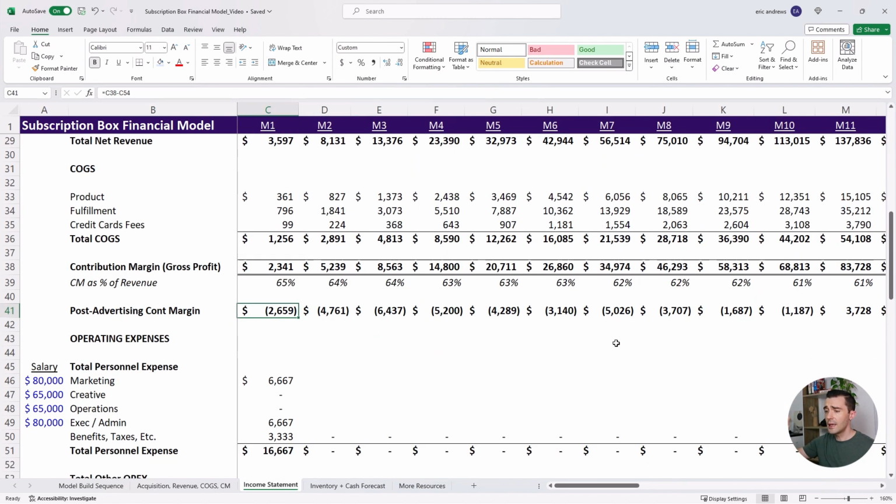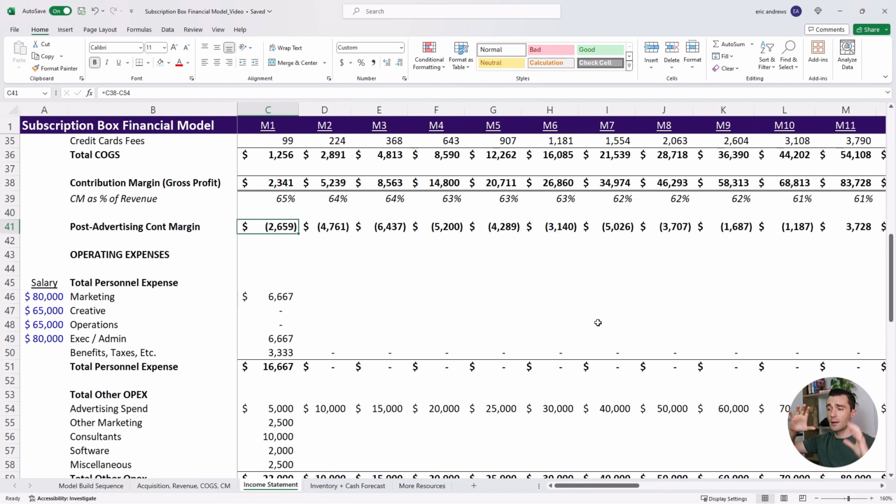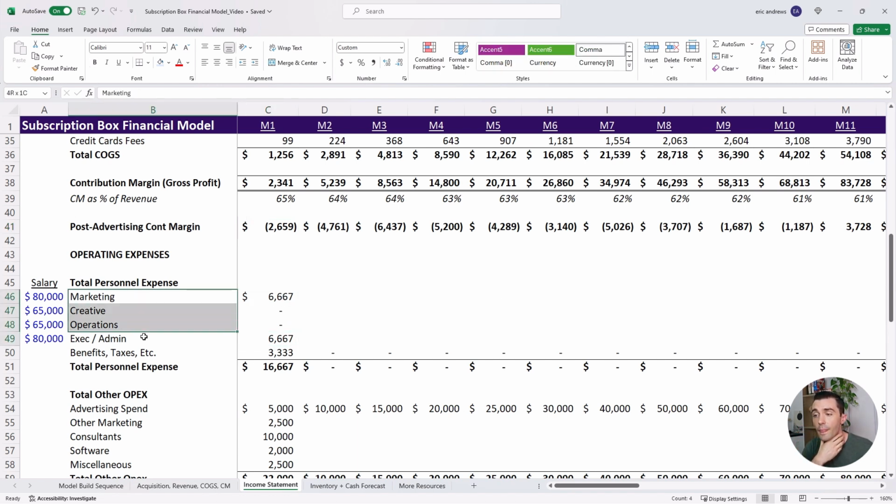So today, let's focus on doing a payroll forecast that's very simple, then forecasting the rest of our OPEX, and then taking that down to the operating profit level. Here's how I recommend you do your payroll forecast. I would create just a couple of functional areas. You could say marketing, creative, operations, admin.